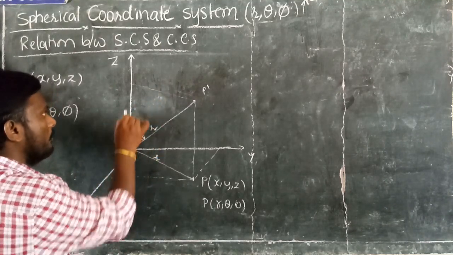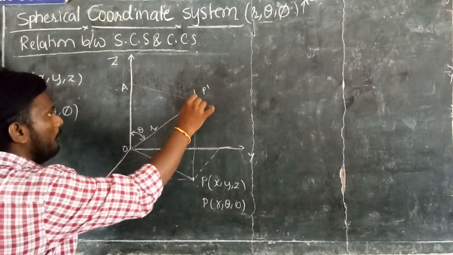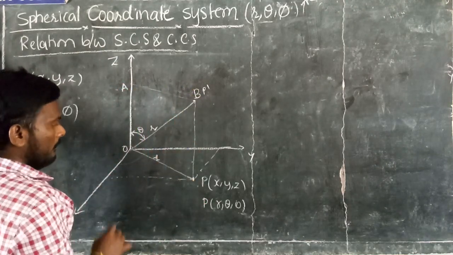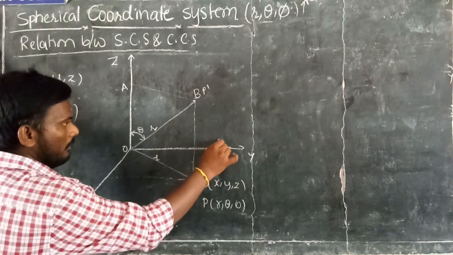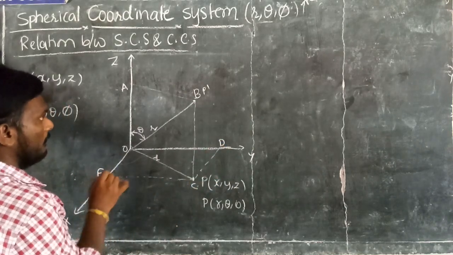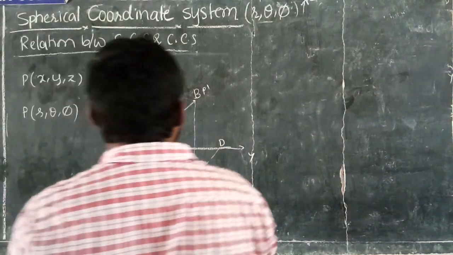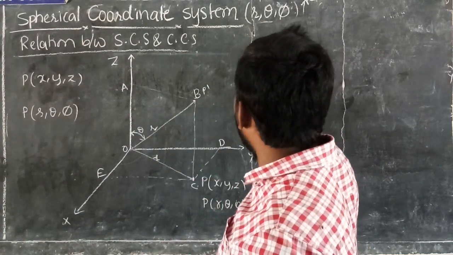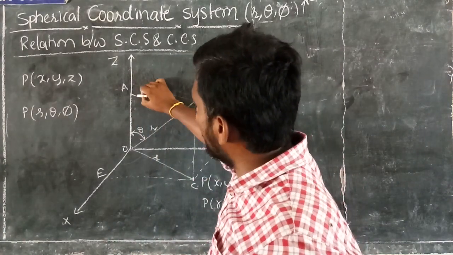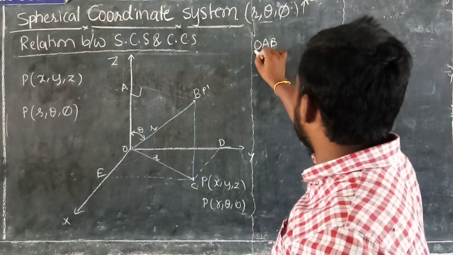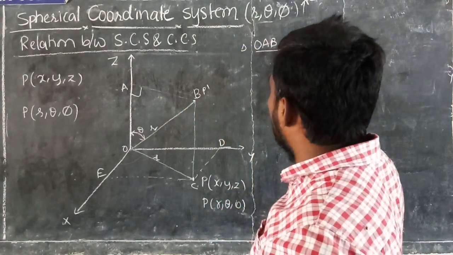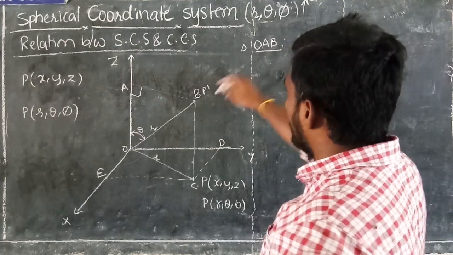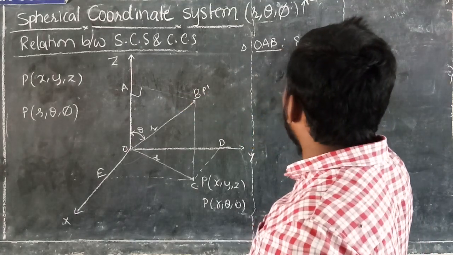If you consider the triangle OAB, first calculate the AB distance from triangle OAB. Triangle OAB is a right angle triangle, so as we are calculating the opposite side, I am taking sin theta.